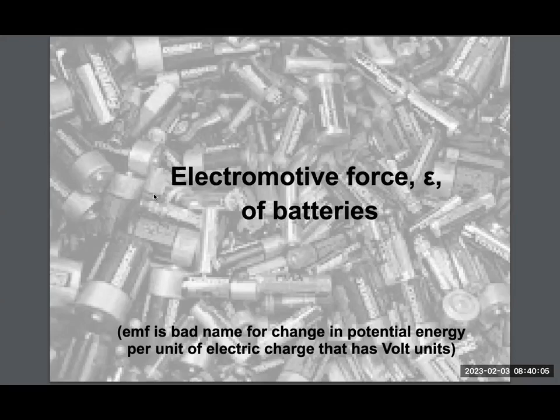You can think of those chemical reactions as lifting, as raising the electrons from the positive terminal, where they would have less electrical energy because they're attracted to that, to the negative terminal, where they have more electrical energy because they repel from that.